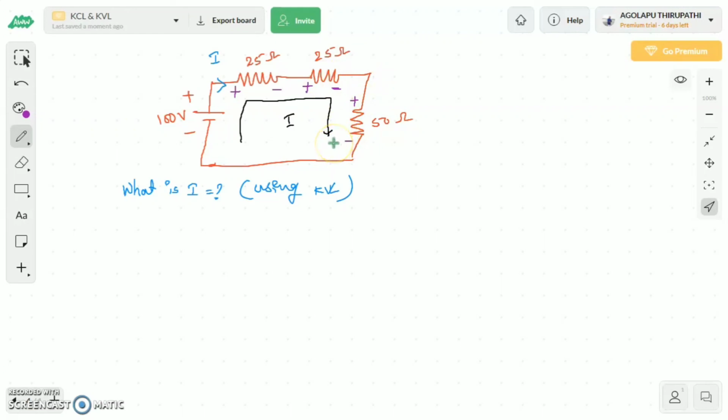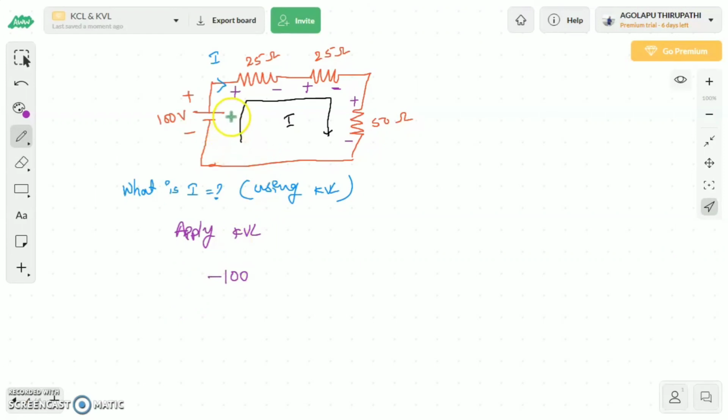Now apply KVL. It is simple: follow the current direction and write the voltages. From this point I am starting. Here I am entering the negative terminal of the 100 volt source, so write minus 100.